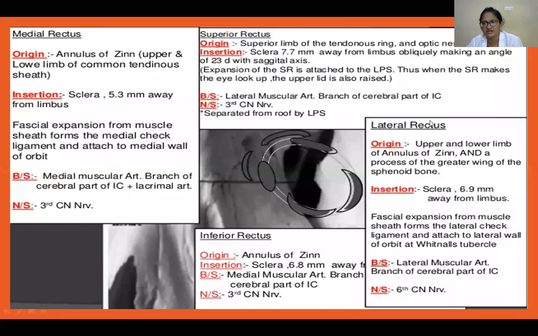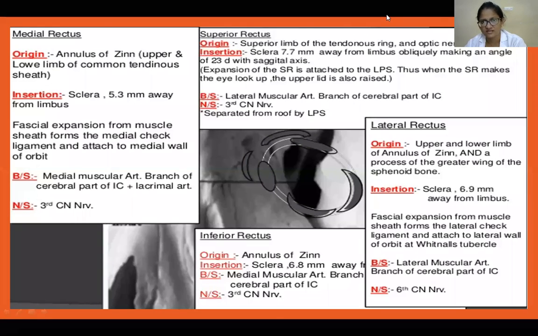All these muscles originate from the common tendinous ring or annulus of Zinn, at the corresponding margins of this fibrous ring, and are inserted behind the sclerocorneal junction, in front of the equator of the eyeball.